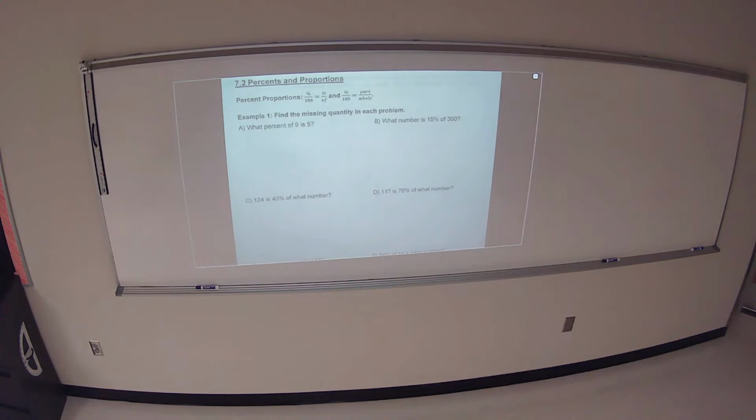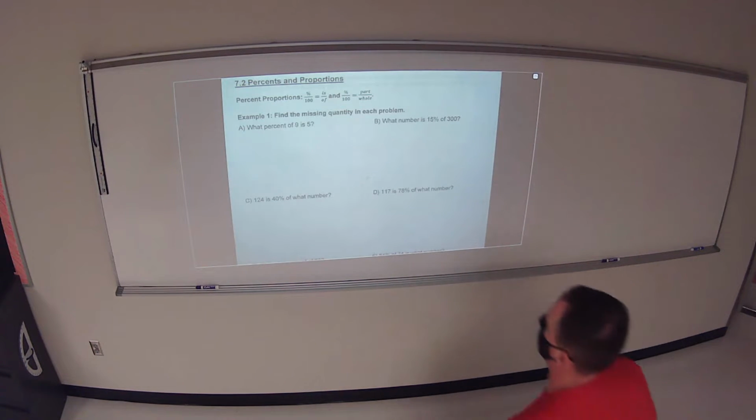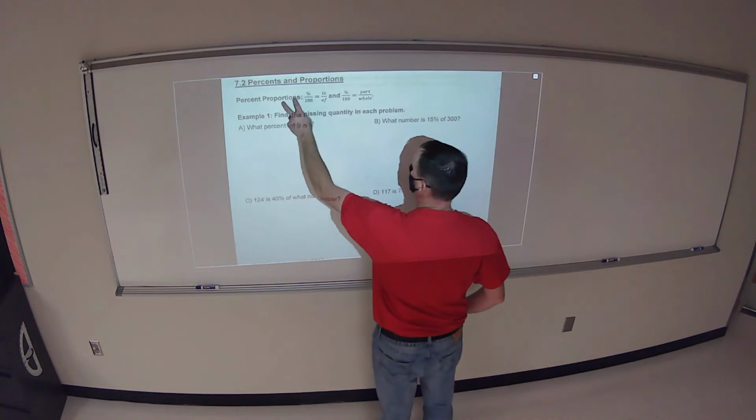Now, there is a quote-unquote percent proportion that is often talked about in a lot of other math classes, not just pre-algebra, but algebra 1, geometry, algebra 2, and all of those. I want to bring your attention to the first proportion listed up here at the top.